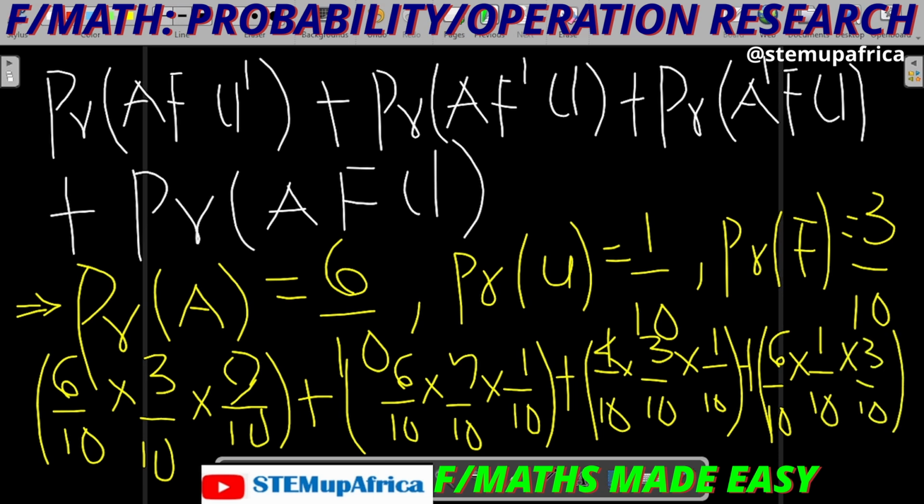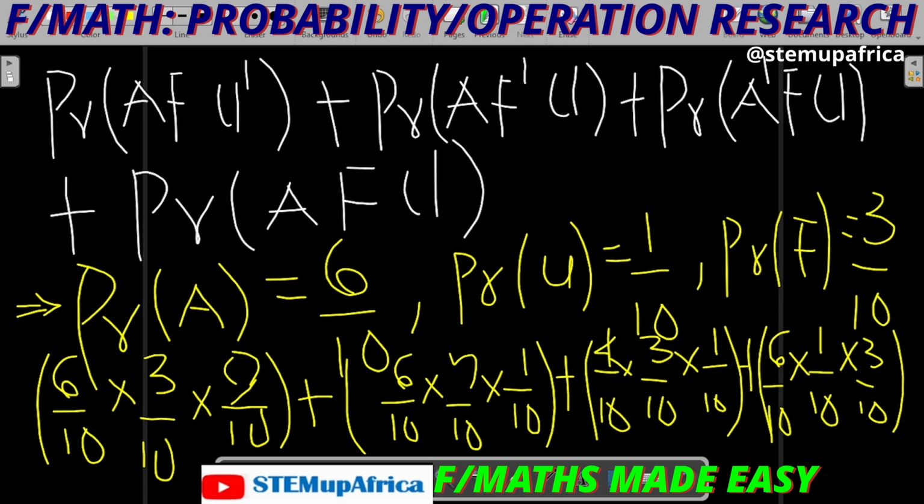So all we need to do is to simplify the result by multiplying. We multiply 6 times 3 times 9, 6 times 7 times 1, 4 times 3 times 1, and 6 times 1 times 3, then 10 times 10 times 10 will give us 1000.